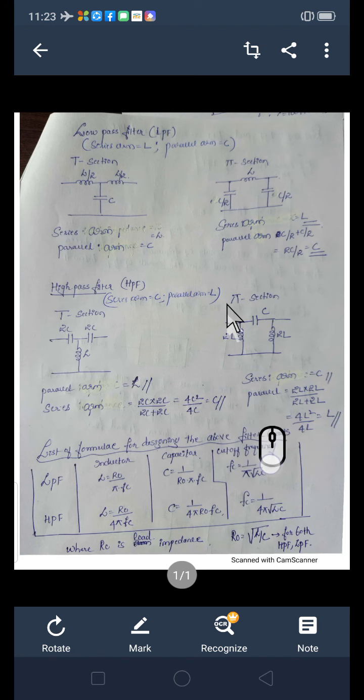Here this arm we can call the series arm, this we can call the parallel arm. For low pass filter, the series arm should be an inductor, the parallel arm should be a capacitor.